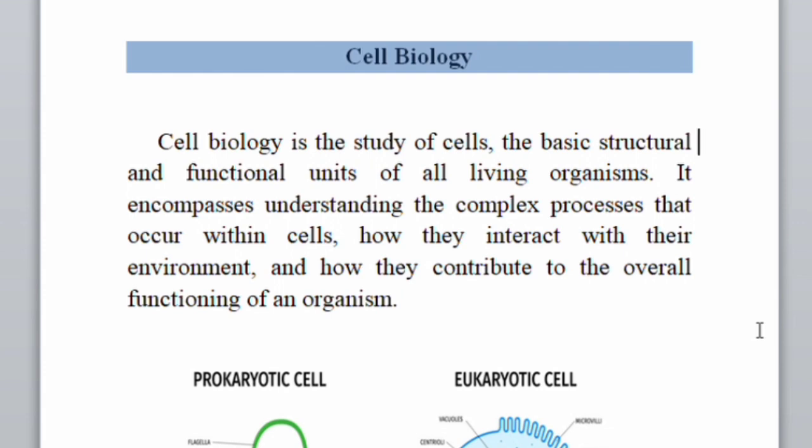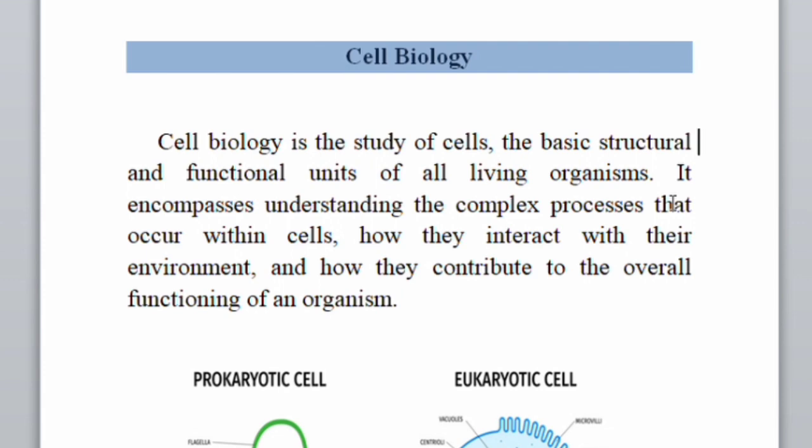Cell biology is the study of cells, the basic structural and functional unit of all living organisms. So here is a definition of cell also. The basic structural and functional unit of all living organisms is known as cell.